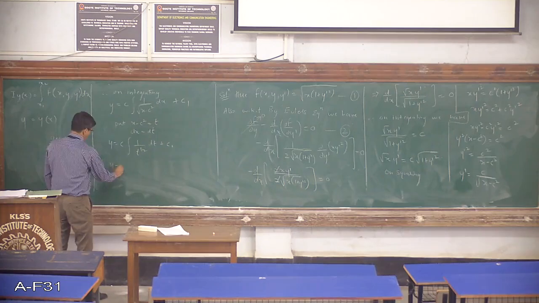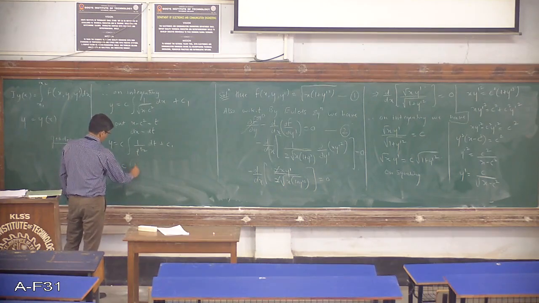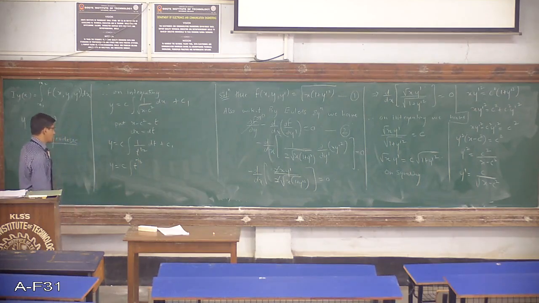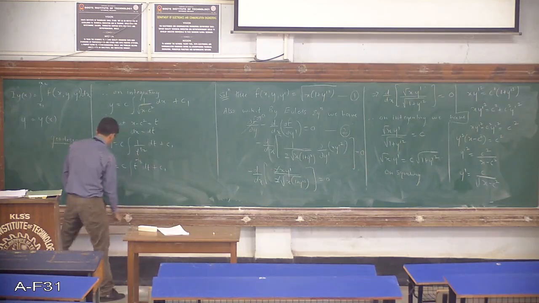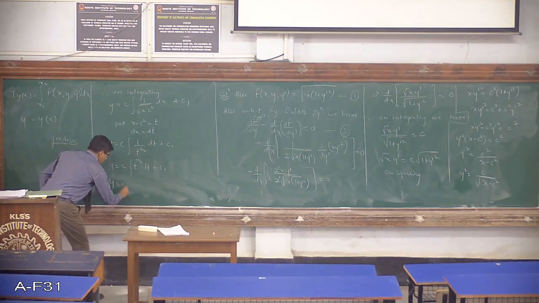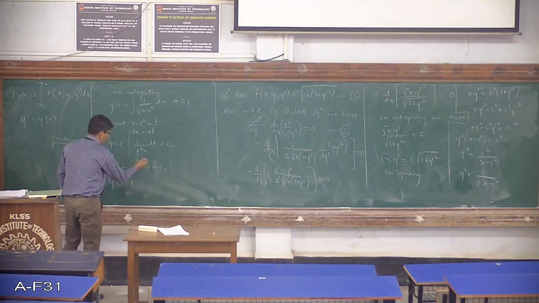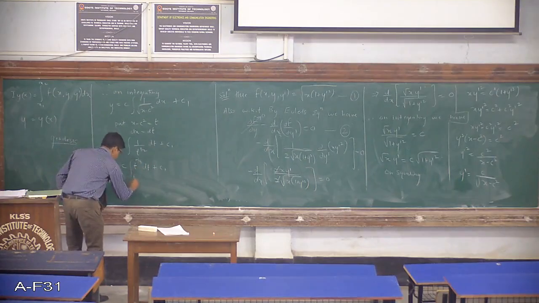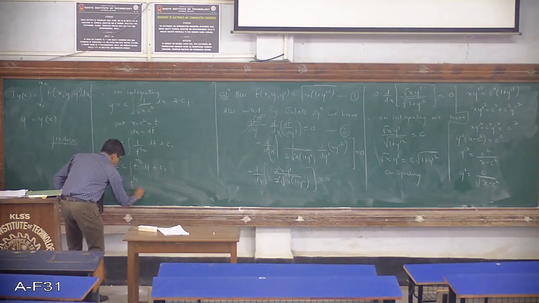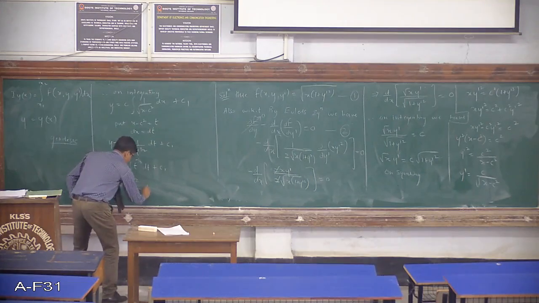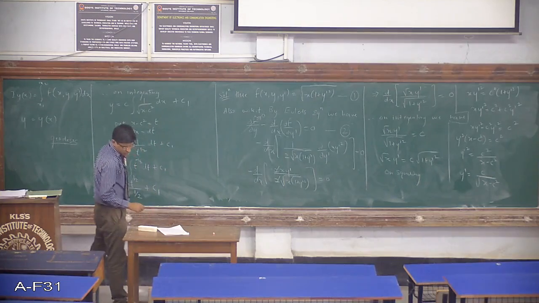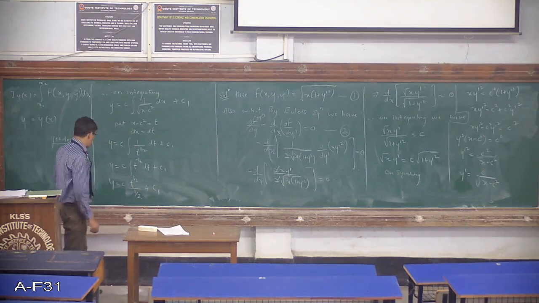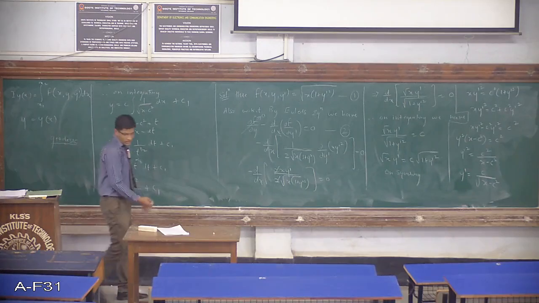So y is equal to c times the integration of t raised to minus 1 by 2 dt plus c1. So here y is equal to c, t raised to minus 1 by 2 plus 1, it becomes 1 by 2, divided by 1 by 2, plus c1. So now this 2 I am going to write here again.